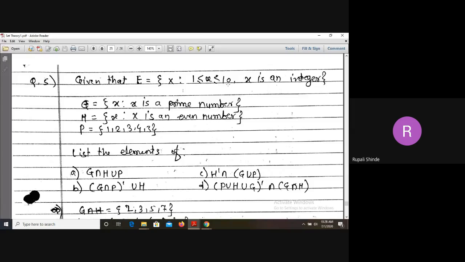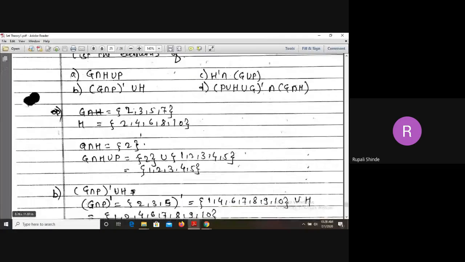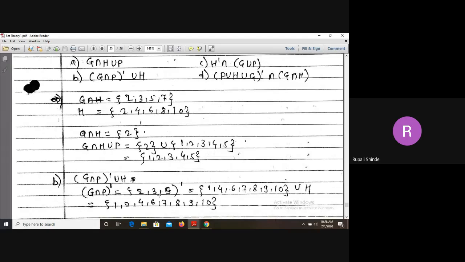So this is our universal set. From this set, we have to subtract these three values. Then only we will get the complement of G intersection P. So from 1 to 10, just remove 2, 3, and 5. Whatever elements are left will give you the complement of G intersection P.